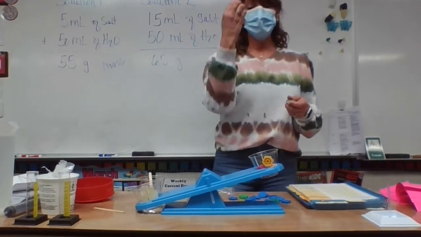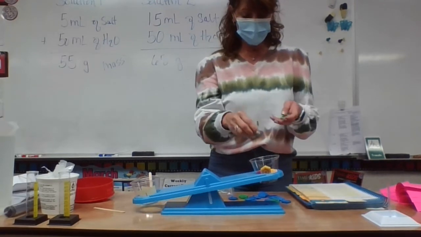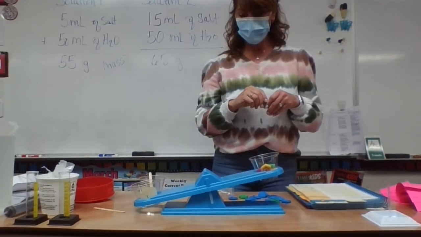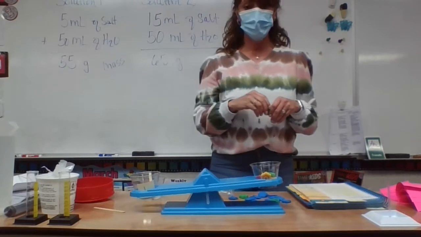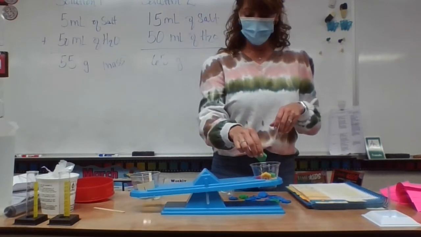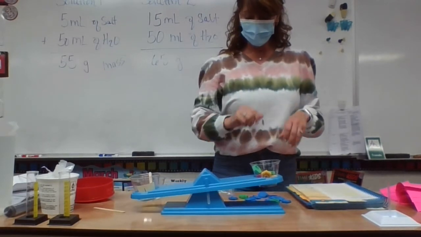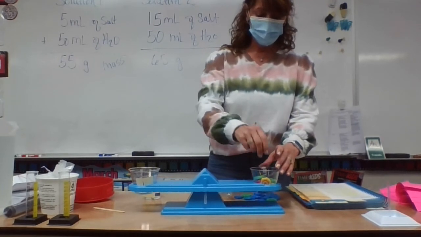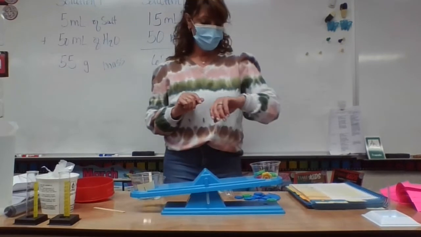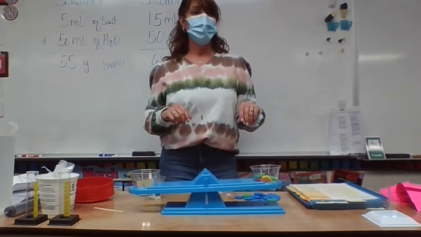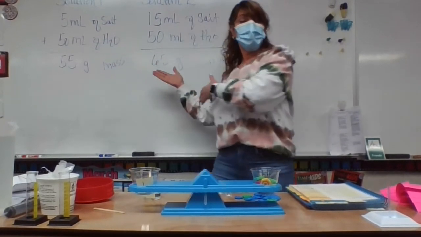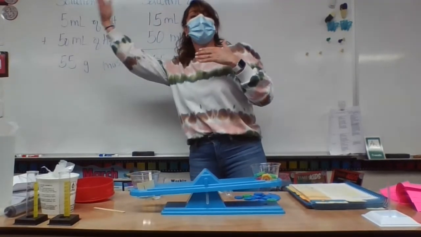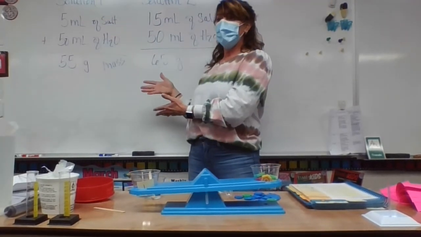Now I'm going on to the 5s, 45, 50, 55. Here, let me move it a little so it's more balanced. How did we do? Good. Was our math correct? Were we spot on? Yes.